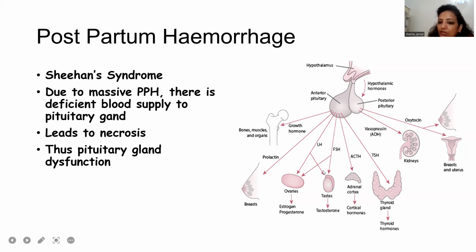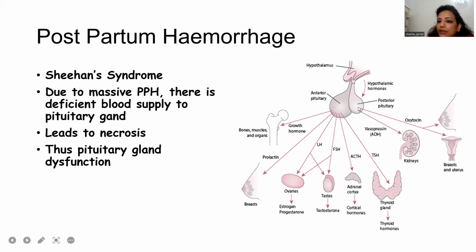LH and FSH, you already know these are gonadotropins, and they help in follicular development and recruitment and ovulation. ACTH acts on adrenal cortex, releases cortical hormones, and maintains all the endocrinological functions. Thyroid stimulating hormone acts on thyroid gland, and thus we have a beautiful thyroid hormone functioning well, controlling our BMR and everything.